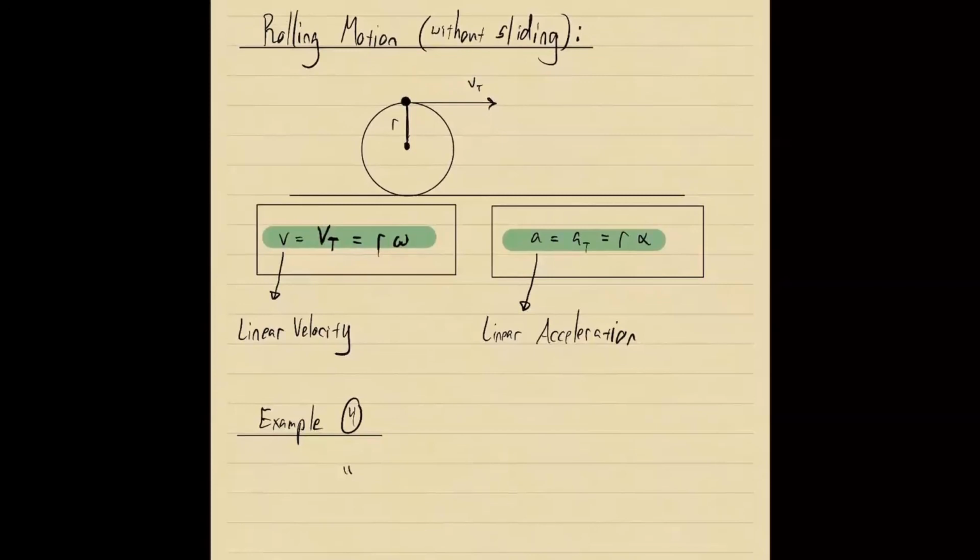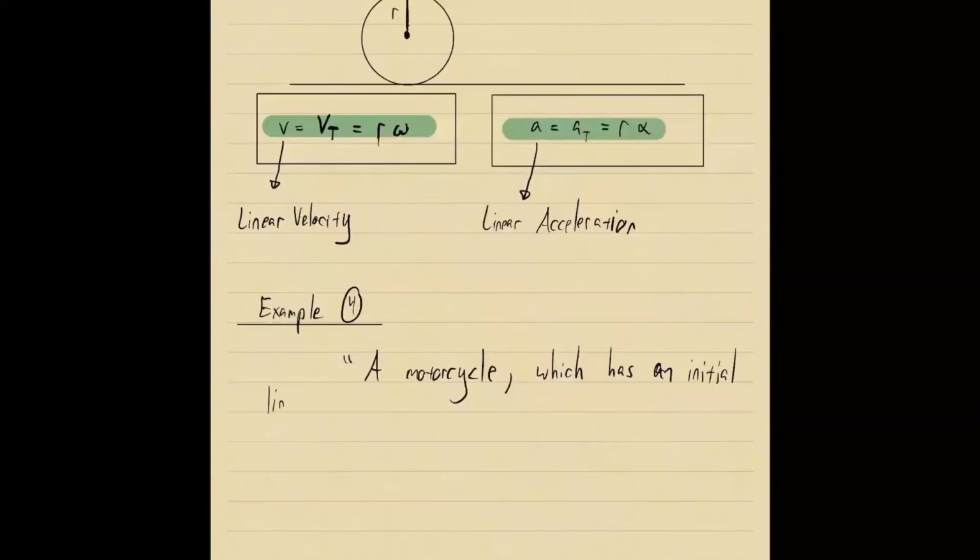A motorcycle, which has an initial linear speed, the speed in a straight line, of 6.6 meters per second.